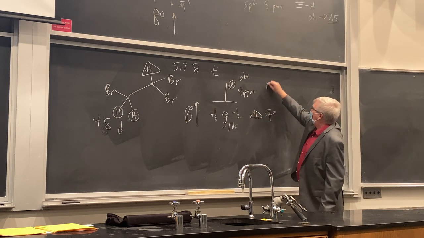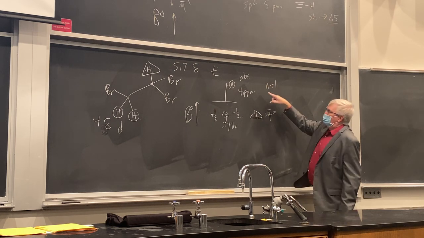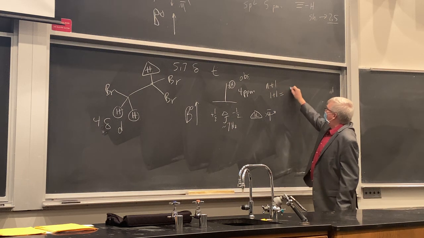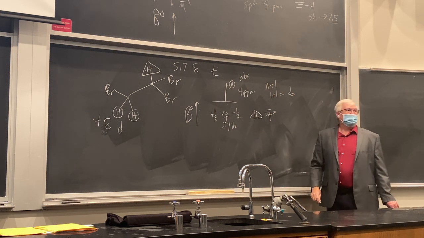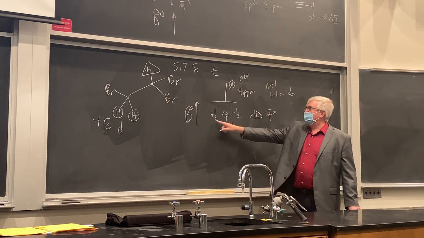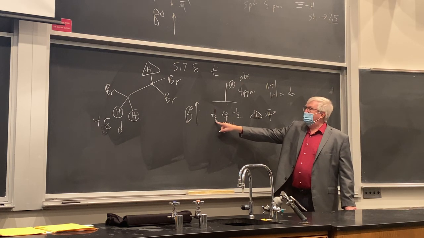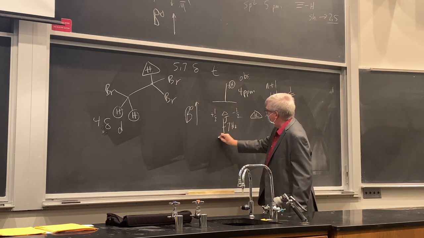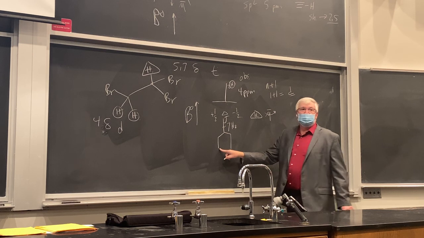And how many neighbors is this? It's the n+1 rule. We have what? The one neighbor, okay, 1 + 1. So how do we get to this doublet? That's what we're looking at. But you can already see it, right? The one neighbor has what? It has this splitting up and down. So this signal here gets split, okay?